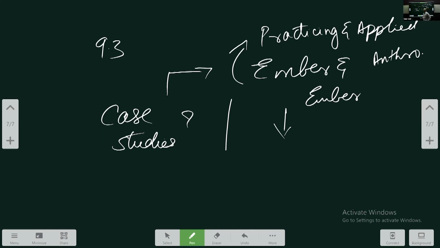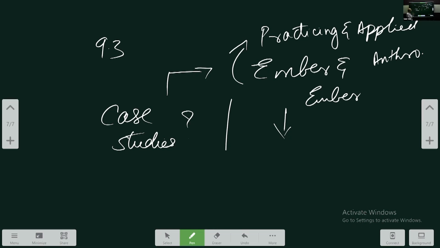In that chapter, you will find a lot of case studies of anthropology being used to improve vaccination, to help solve deforestation, to improve school enrollment, anthropology being used for rehabilitation and resettlement. A lot of case studies are given in that chapter from across the world, not just India.